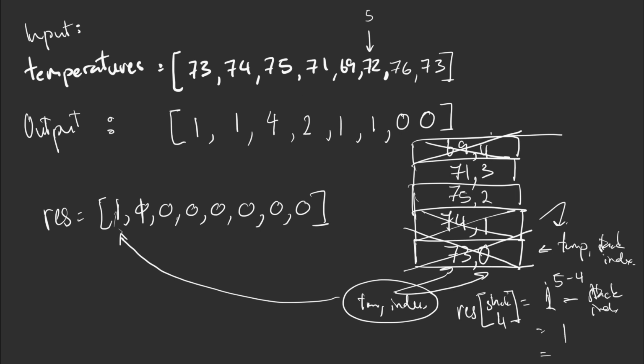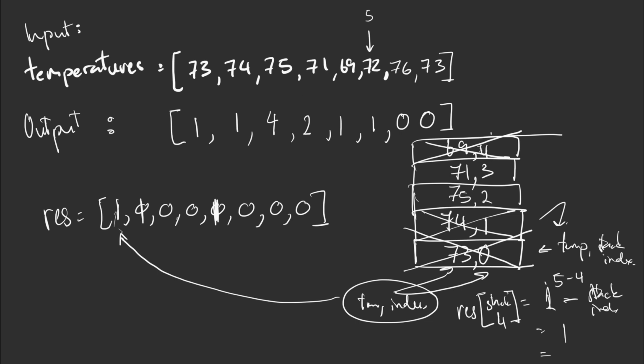So at index 4, 1, 2, 3, 4, the value here will be equal to 1. And after we pop this, we're complete with this one.